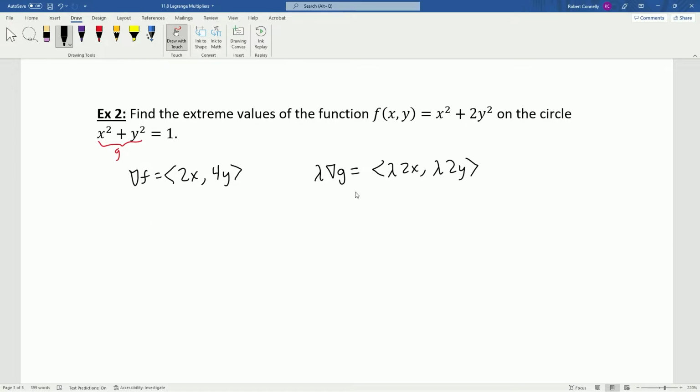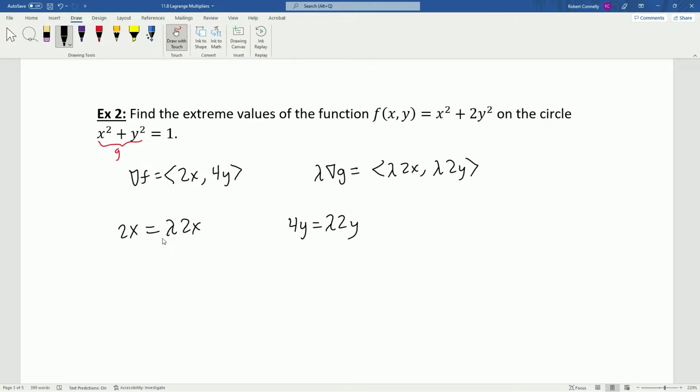So if I set my components equal, I get 2x equals lambda 2x. And 4y equals lambda 2y. So there's a couple possibilities that could arise here. So the first possibility is lambda would have to be 1.